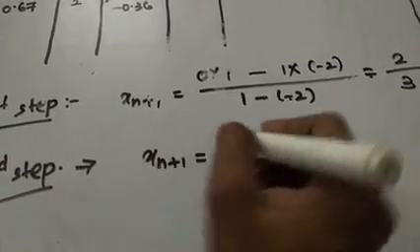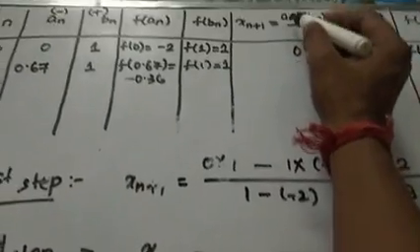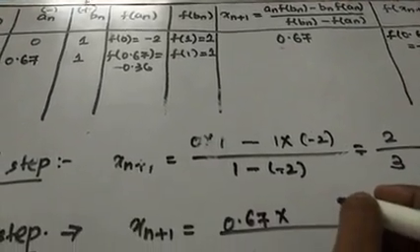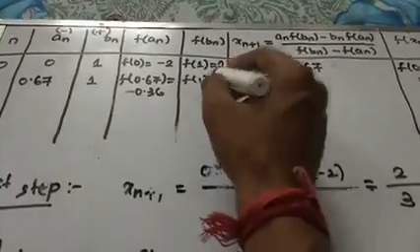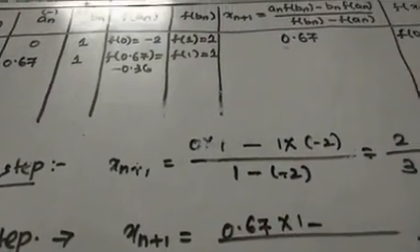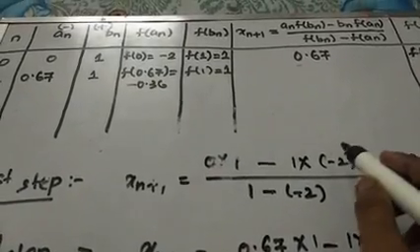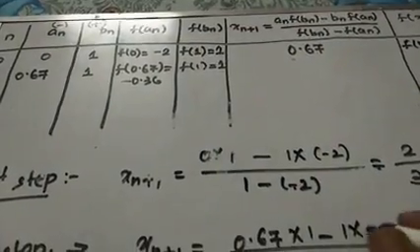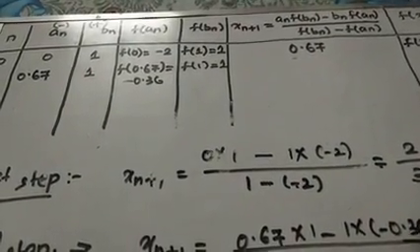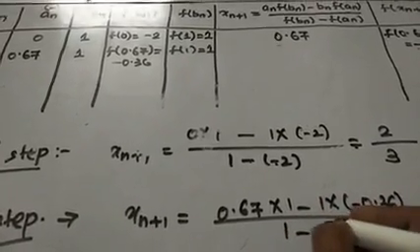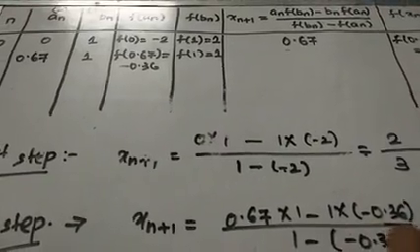Now for the second step calculation, xn plus 1, an, what was the an? 0.67 into f of bn. What is f of bn? 1, minus bn is 1, into f of an is minus 0.36, divided by f of bn, which was 1, minus f of an, that is minus 0.36.